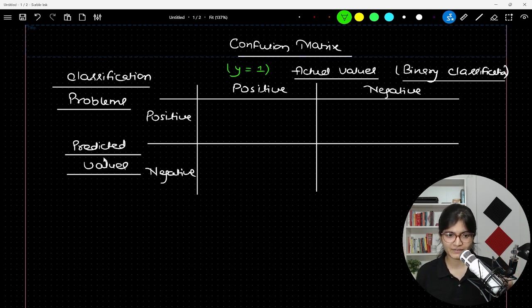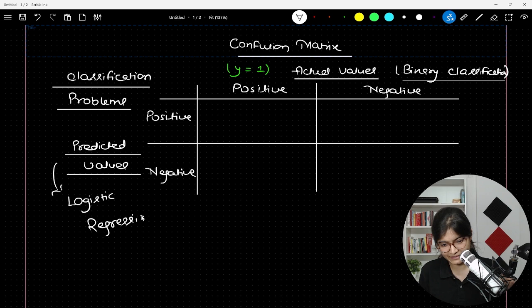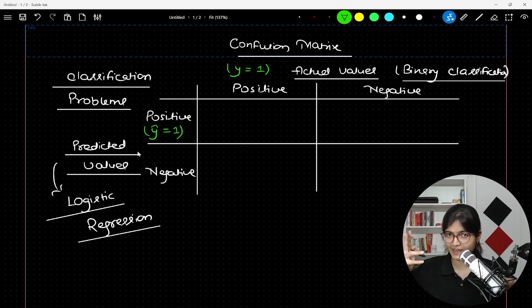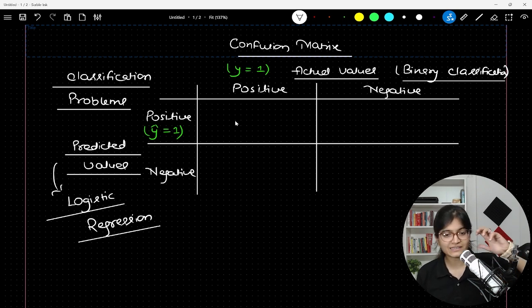And when I applied the cost function of a logistic regression algorithm, or maybe anything, but as of now, because we have just discussed logistic regression in our course, let me take that example only, that model gave me a prediction that the value of y cap is also 1. It's a good case, right? Do you remember the best case scenario? I think this is one of the best case scenarios, right? So you will call this term true positive.